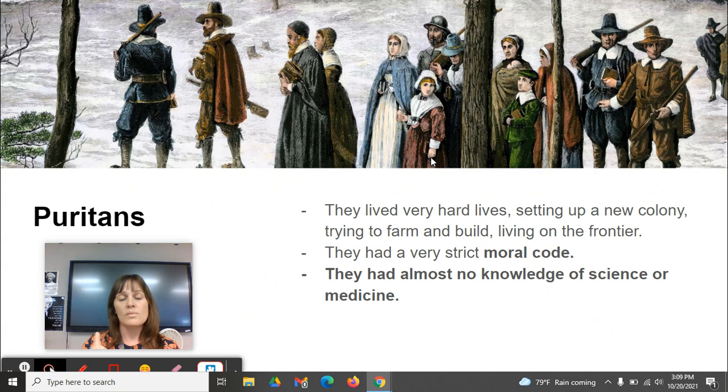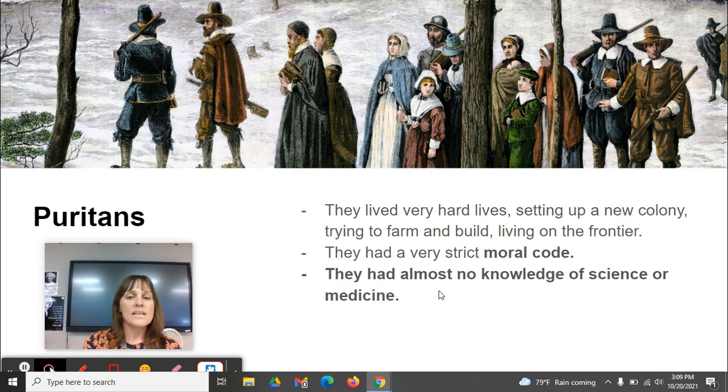Women were dying in childbirth. Children were dying in childbirth. It was really, really rough for them. And they had a very hardcore moral code. They didn't believe in things like dancing or women and men being alone together unless they were married.